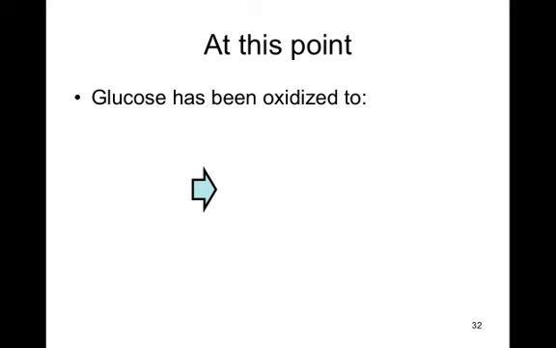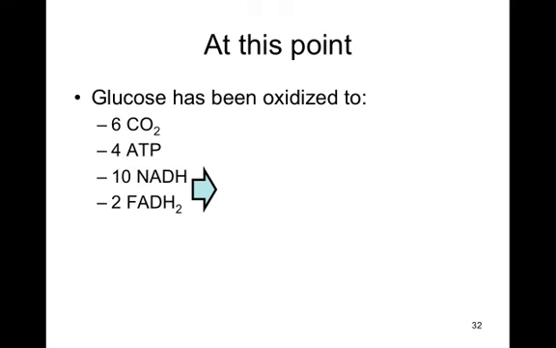So let's summarize what's happened so far between glycolysis, pyruvate oxidation, and the Krebs cycle. Glucose has been oxidized into 6 CO2. That is, we got rid of every single carbon of the original glucose. We've got 4 ATP, 2 that we got from glycolysis, and 2 that we got from the Krebs cycle.